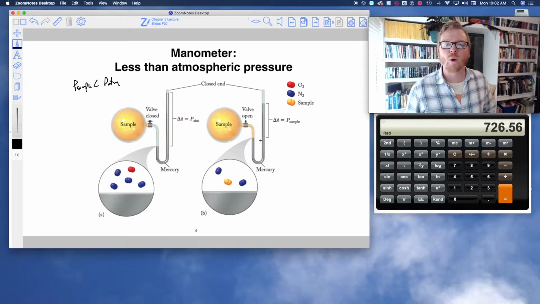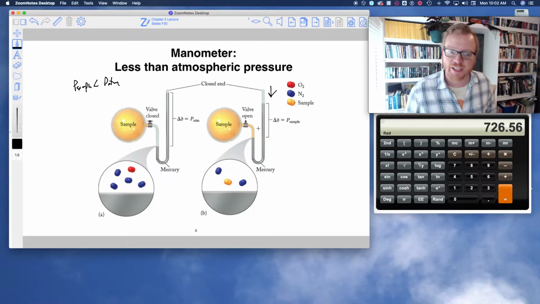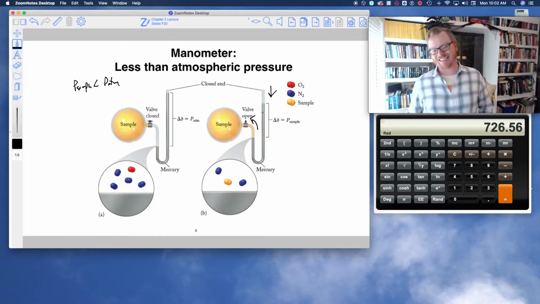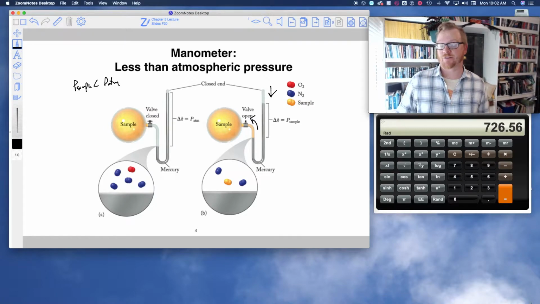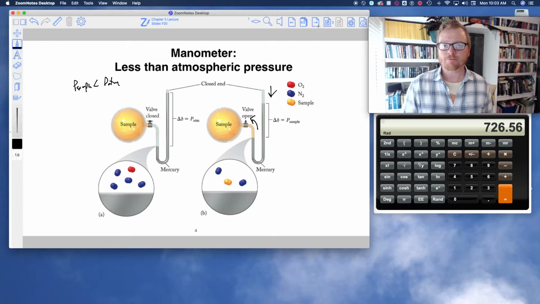But now when this opens, all of that pressure gets sucked in to the sample. And as you can see, that reduces the height of that. And then the change in this height only gives you the pressure of the sample in that case. Okay? So moving on.